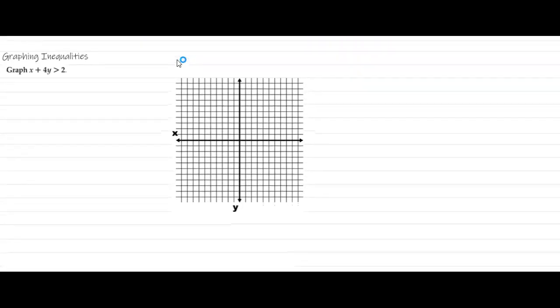Inequalities are not much different than equations as far as the steps for graphing them, but we have 2 new things that we need to do. When we graph a line, let's make some notes over here.